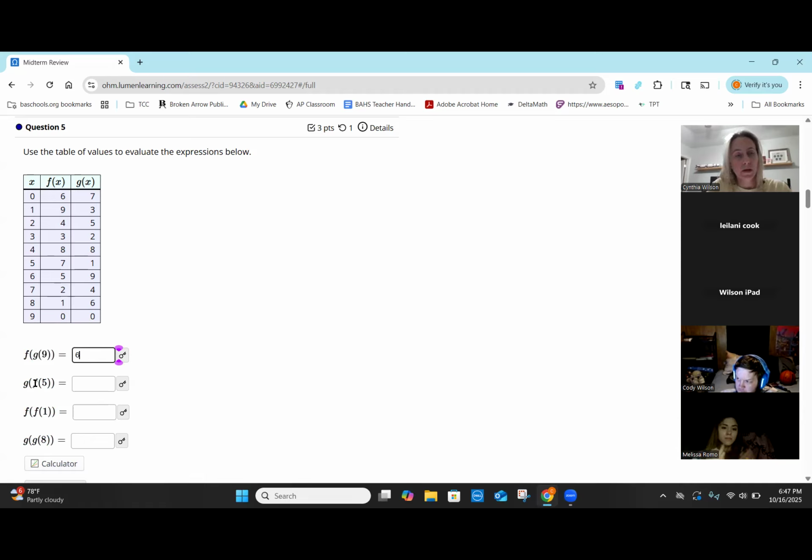So let's do one more. We want to find f of 5. So column, there's the 5. F of 5 is 7. So then we want to find g of 7. Right? 7's here. G of 7 is the 4.